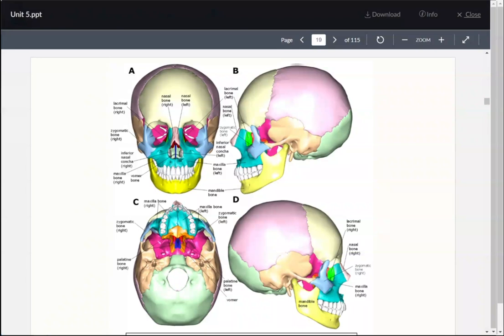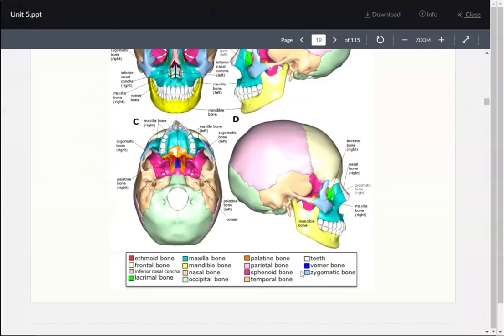There's also a sphenoid bone and an ethmoid bone, which are located inside your skull, behind your nose, but above your mandible. And those are going to make the base here of the skull and the top of the face internally.